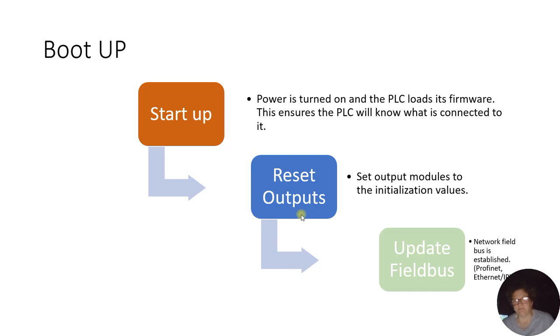After startup, it will reset its outputs to initialization values, or in some cases, what it was stored last. Then the field bus will be updated, and field bus would be your Profinet or your Ethernet IP, however you are talking to your field devices.